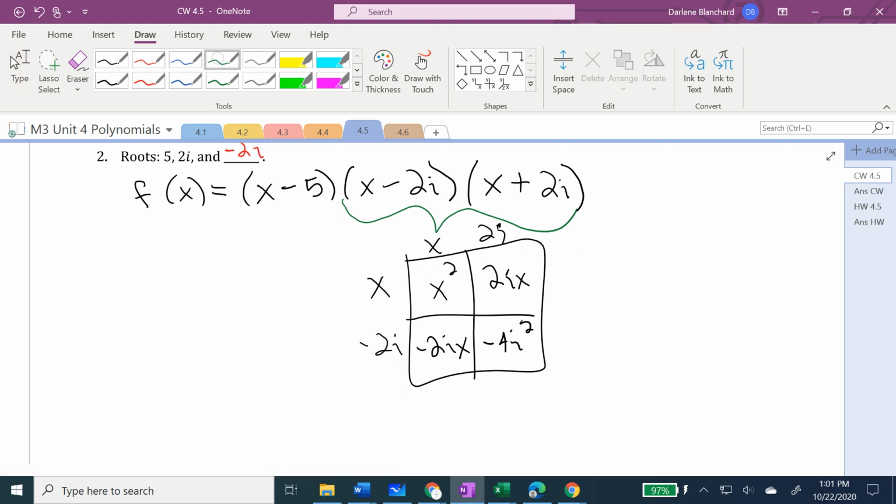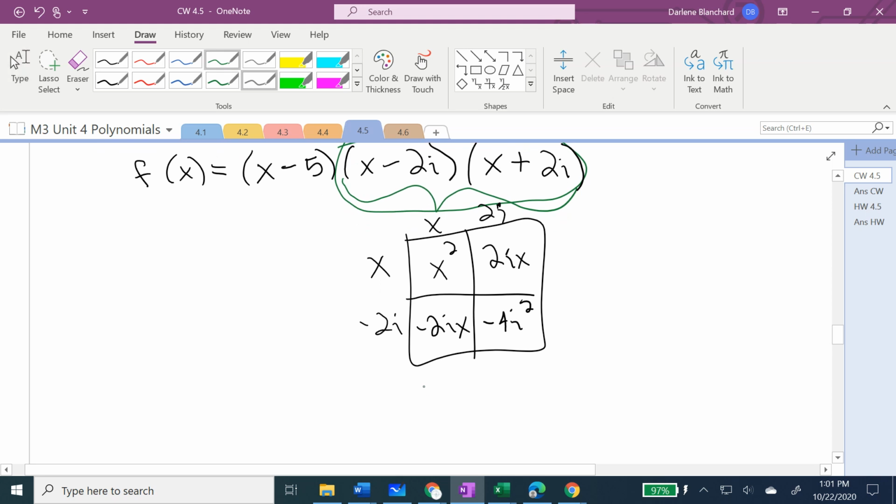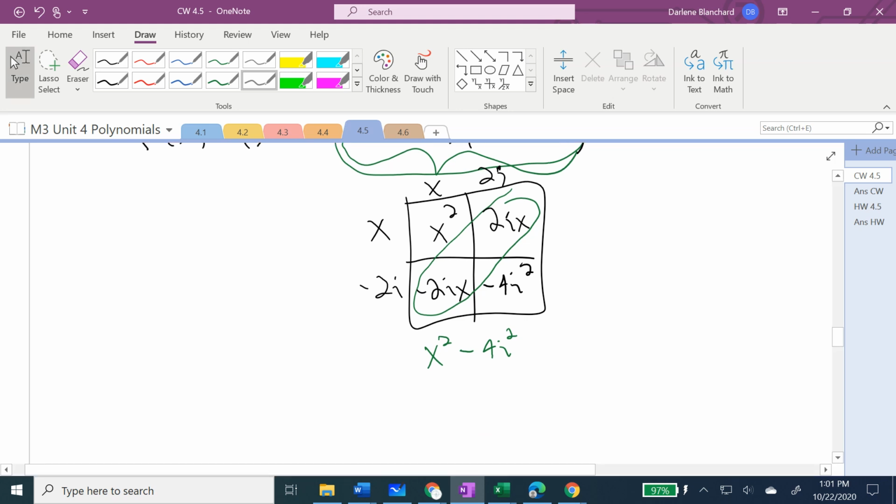So that means that this portion is x squared plus 0x. Add those together, you get nothing, minus 4 times i squared. But every time i squared shows up, you need to simplify it by replacing it with a negative 1. So I have x squared minus 4 times negative 1, and that gives me x squared plus 4.